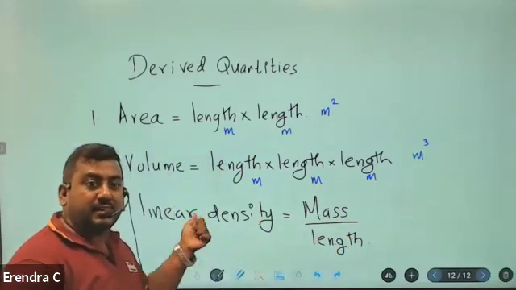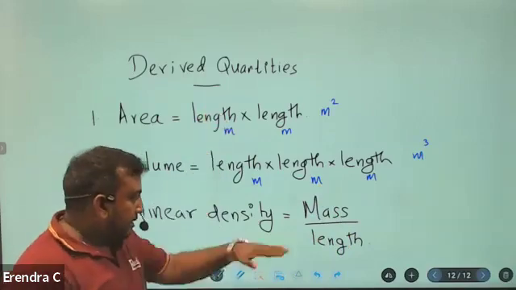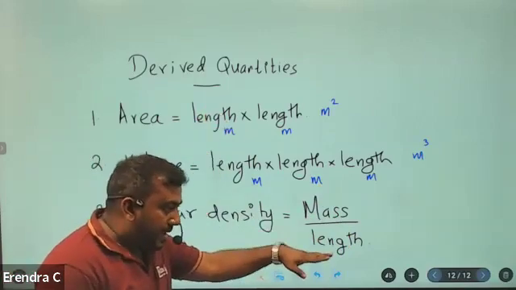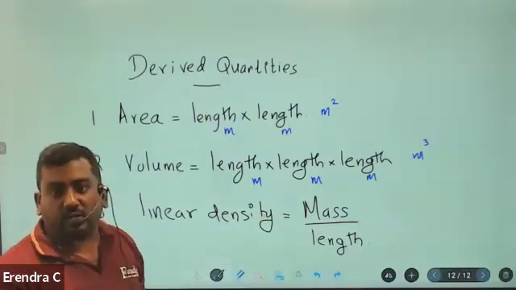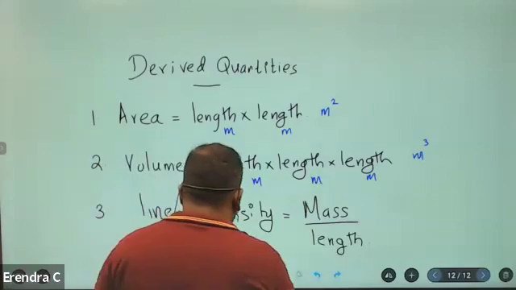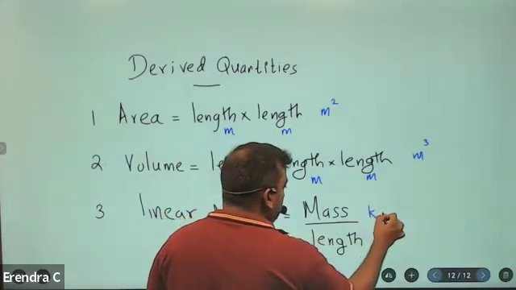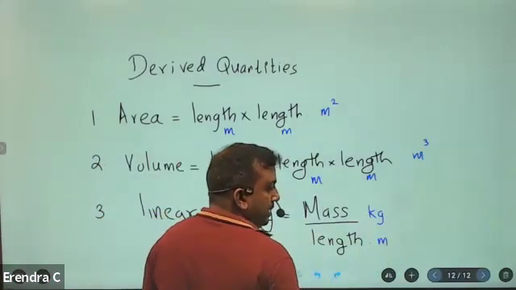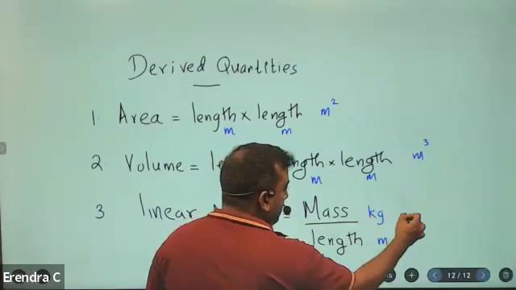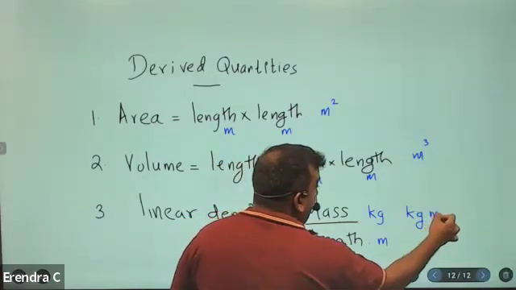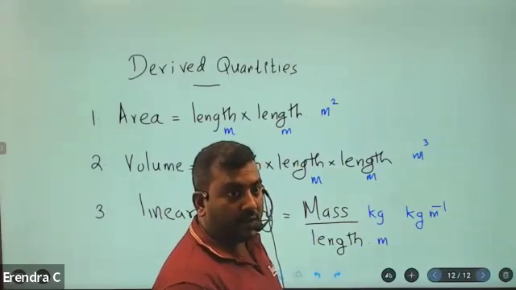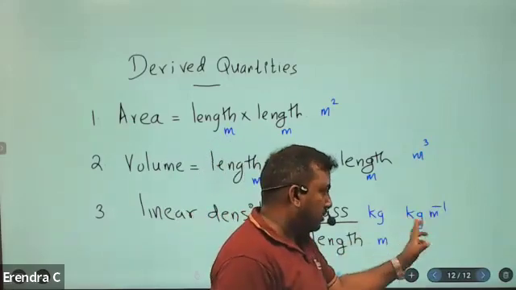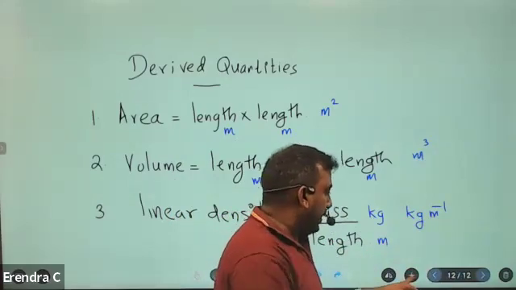This is derived. Using fundamental, I am making a new physical quantity. That physical quantity is called what? Derived quantity. Here I measure mass in kilograms, length in meters. If I take this to the top, what's your unit? Kilogram per meter. I'll teach you later how to put the rules. For now, just get this in your head, kilogram per meter.